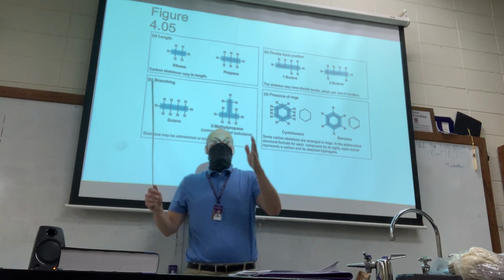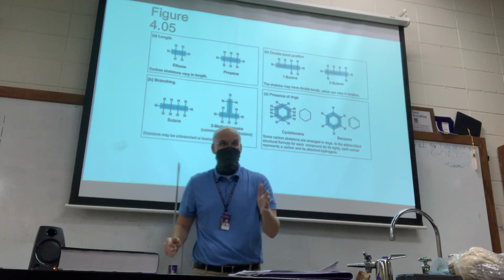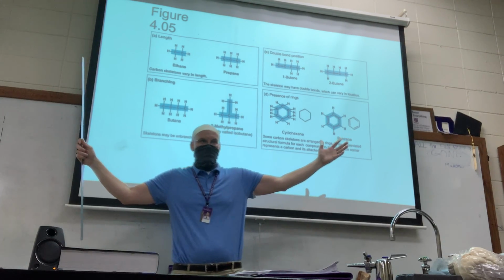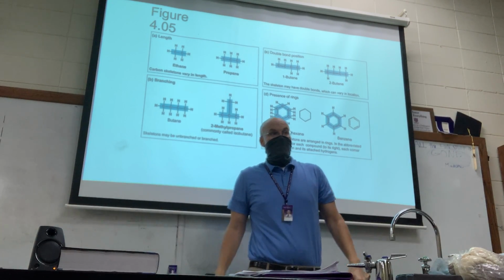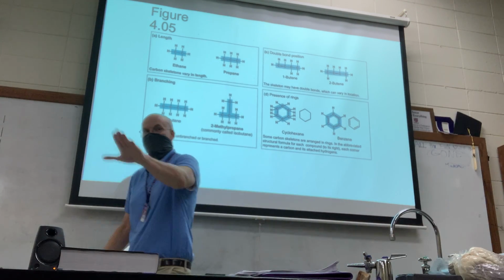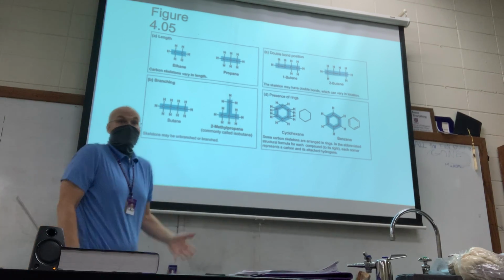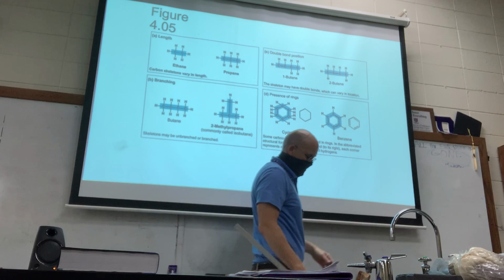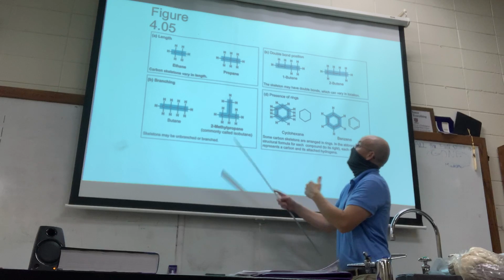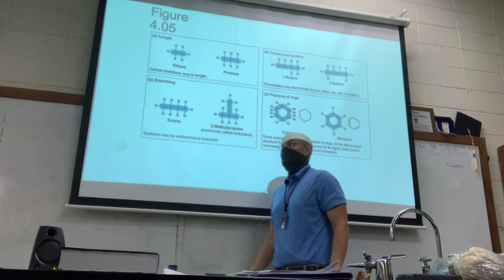Carbon can make covalent bonds with other carbon atoms in enormously long chains. Okay? So carbon can bond to carbon, can bond to carbon, can bond to carbon, indefinitely. So carbon atoms can make covalent bonds with other carbon atoms to create very long chains.